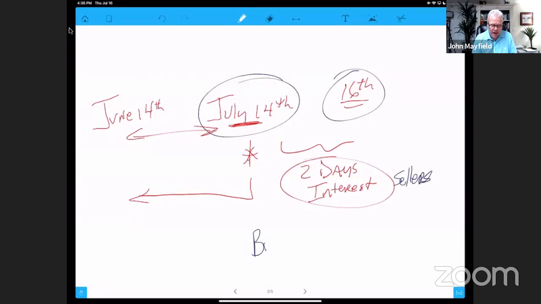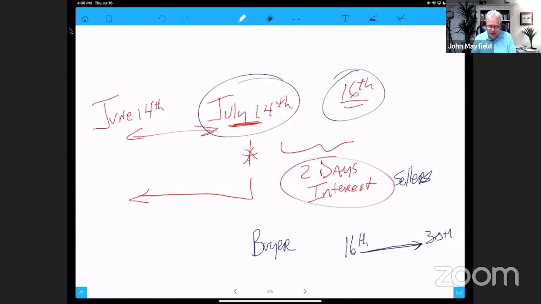However, if you're a buyer in this example, you're going to have interest from the 16th to the 30th. Now, even though there's 31 days, they'll always tell you to figure a 30-day month, so just keep that in mind.